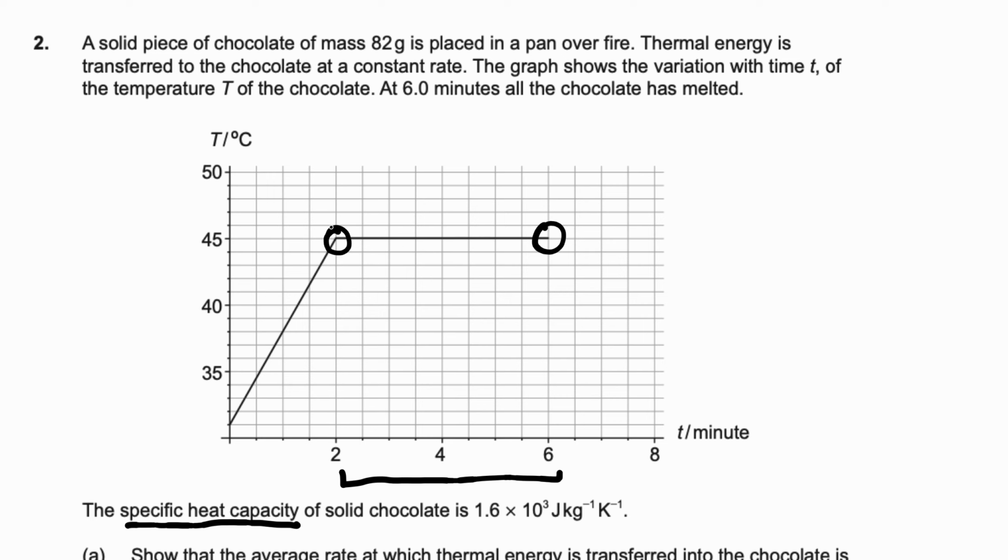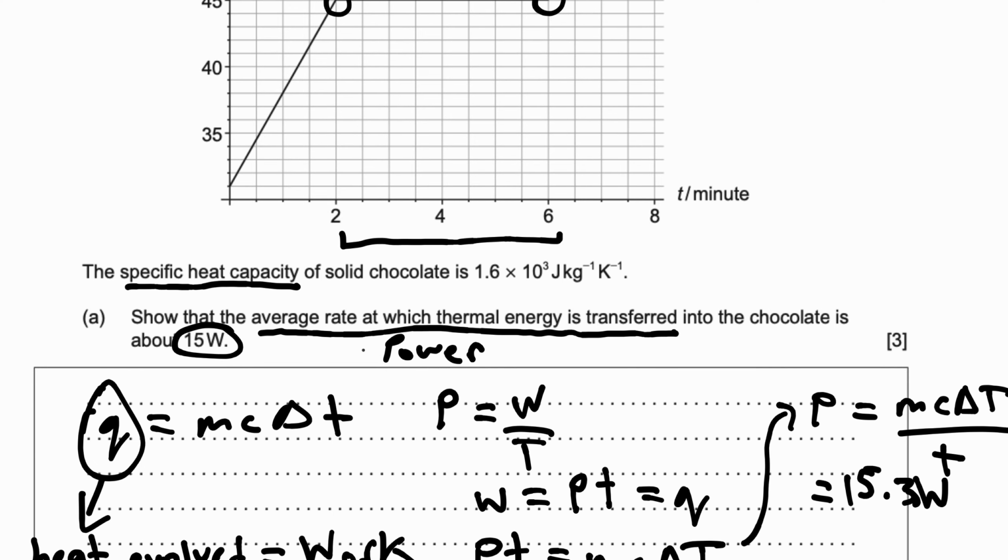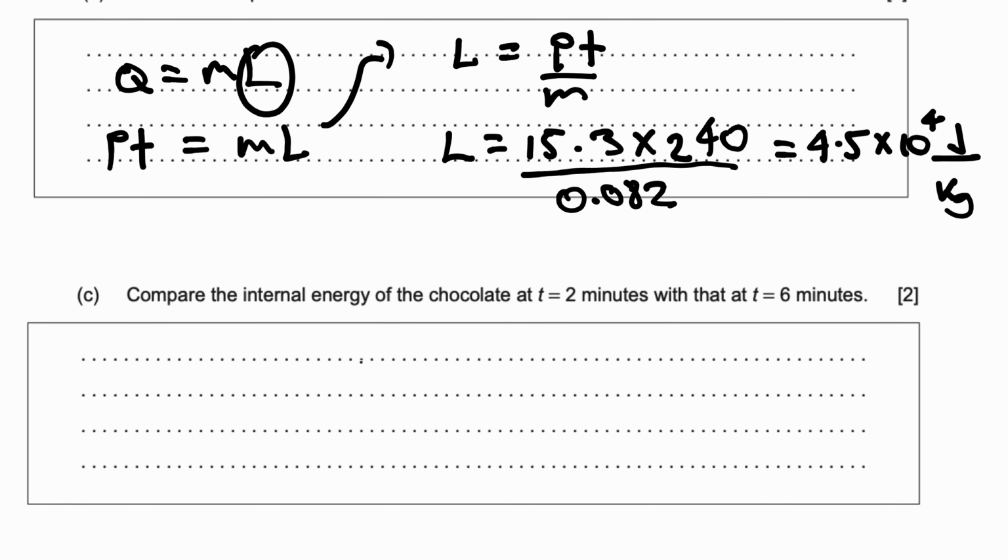Over this period of time, thermal energy is being transferred to the chocolate. It's being absorbed by the chocolate. So what is internal energy? Internal energy is the energy within the particles, which is comprised of kinetic energy and potential energy.